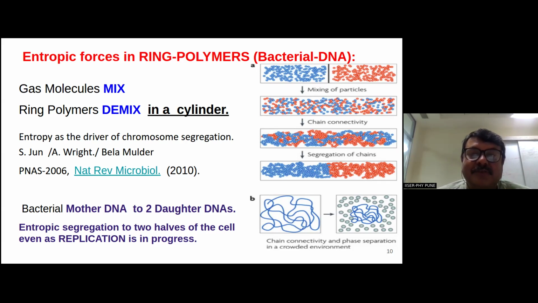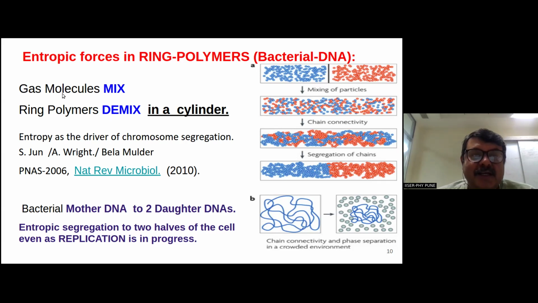A microstate is defined by the position and velocity of all particles in classical statistical mechanics. And the larger the number of microstates, the higher the entropy.